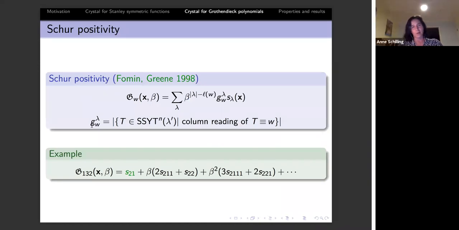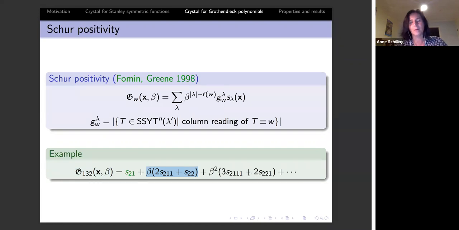Okay, so if we use the theorem by Fomin-Greene, then the Grothendieck polynomial for S1, S3, S2 would be equal to S21, which we just saw before, and then beta times 2 S211 plus S22, and then higher order terms in beta. But as you can see, this would give us a positive Schur expansion.